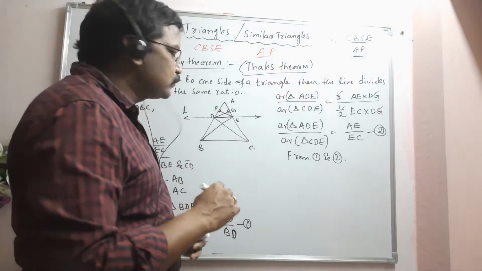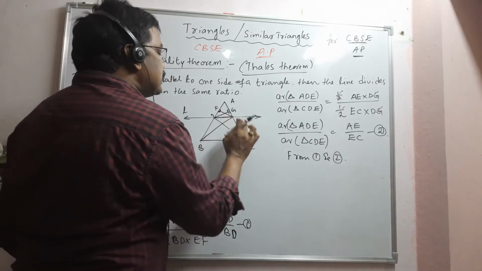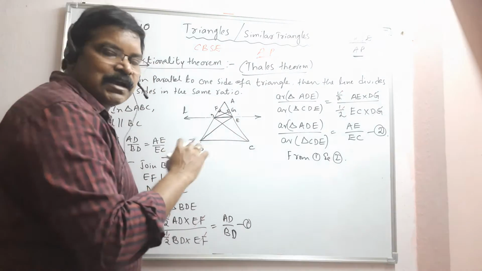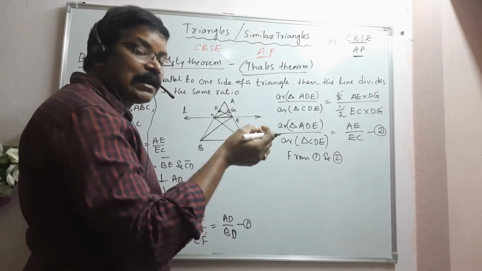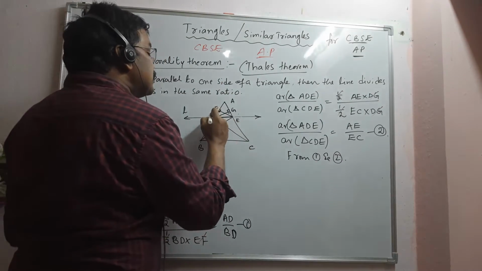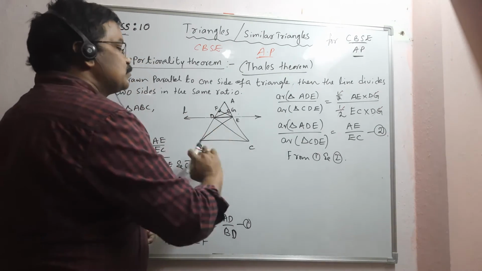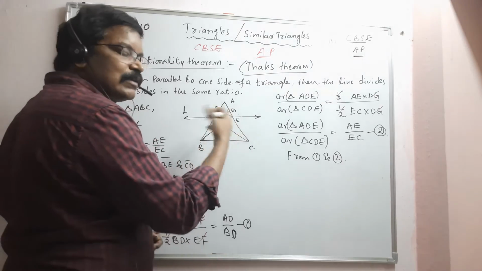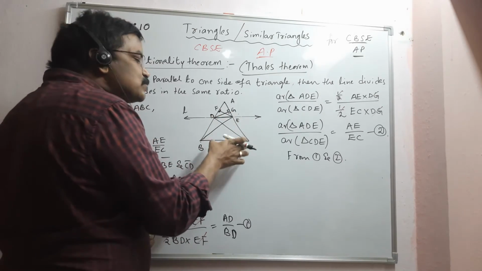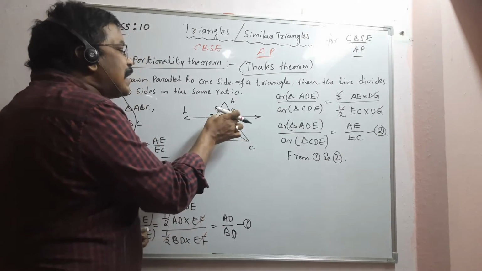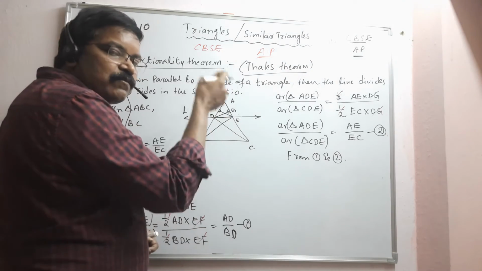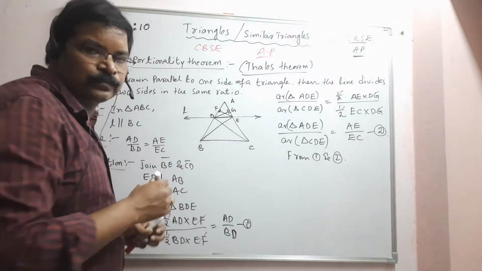Our theorem: here triangle BDE and triangle CDE are between the two parallel lines. What are the parallel lines? DE and BC. Of course, L is parallel to BC. D is part of L, so this DE is parallel to BC and having the same base DE for both the triangles.